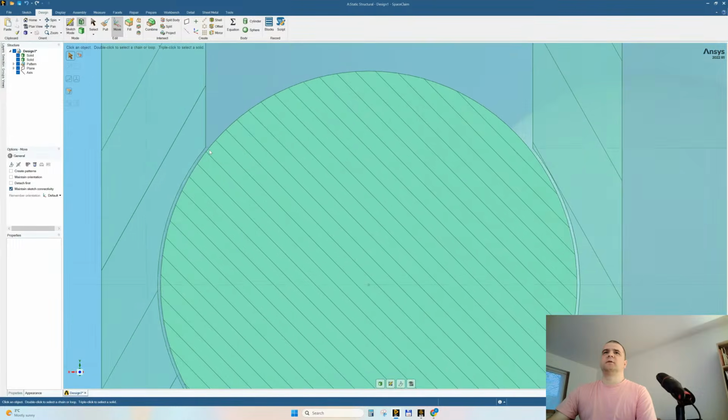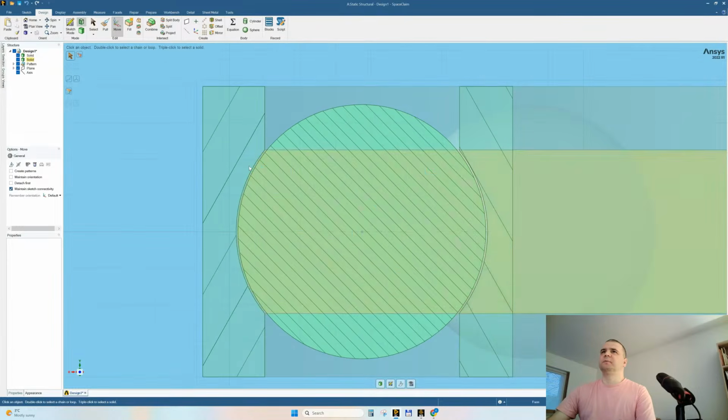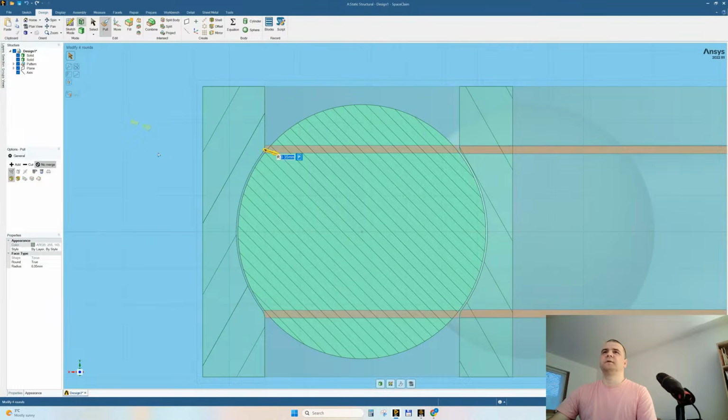Yes, a thing that I would like to do at this moment is to round these edges, the 4 edges of the grooves. There are multiple methods. One of them is this one. Let's click pull here, and we will select, no merge again, we will select this point with control pressed, this point, this point, again this point, and let's drag a little. 0.35 looks very nice.